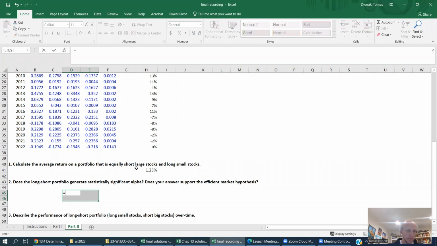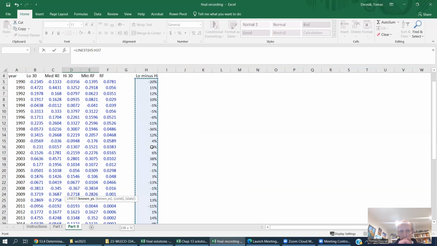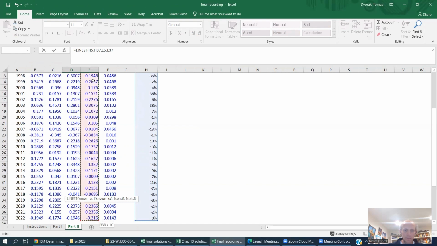I like to use the LINEST function. This is my dependent variable, the return on the portfolio. The independent is the excess return on the market.